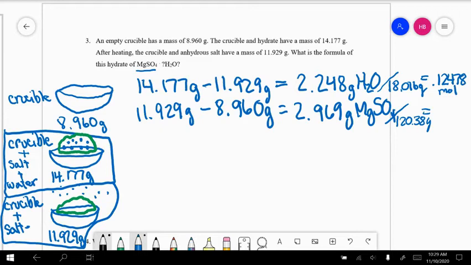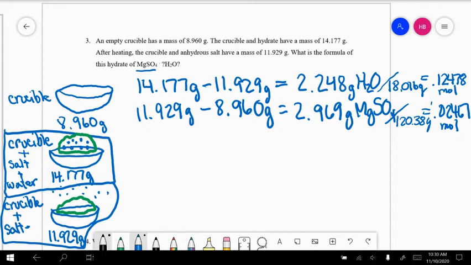We're going to try to carry around a few extra sig figs if we can. And this is 0.02467 moles. Now remember, in order to compare things in chemistry class, we have to divide.